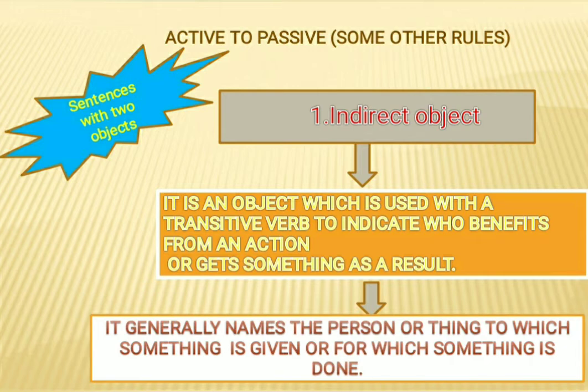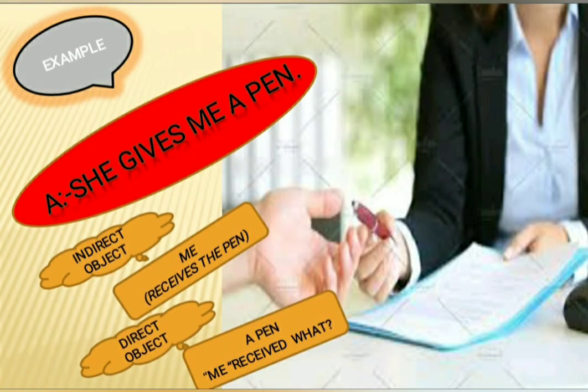Let's understand with the help of an example. If in active voice it is written, she gives me a pen, then you know very well, she is subject, gives is active verb. Here me is indirect object and a pen is direct object.